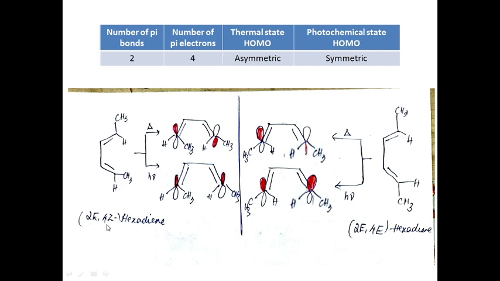So you have 2E4Z hexadiene, Z which means together, therefore CH3 have been drawn together. Here it is hexadiene 4E, which means CH3 are on opposite sides. Okay, but under thermal states, you have asymmetric HOMO. Under photochemical state, you have symmetric HOMO.